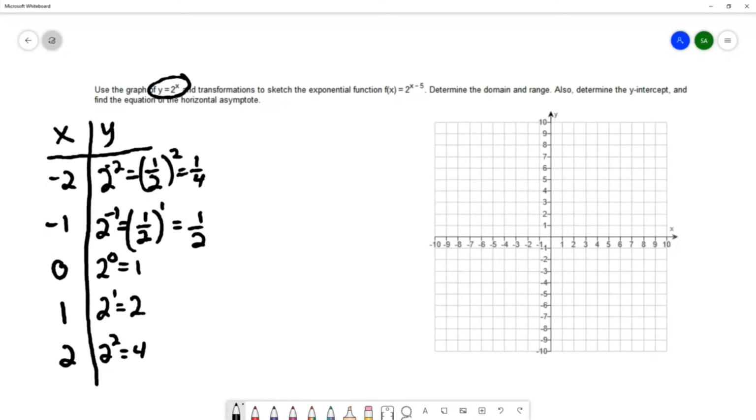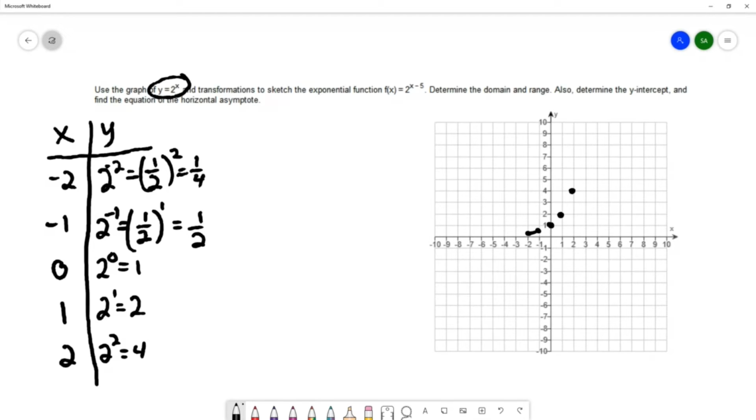So that gives us a set of ordered pairs, and I'm going to graph this equation. We've got the ordered pairs -2, 1/4; -1, 1/2; 0, 1; 1, 2; and 2, 4.